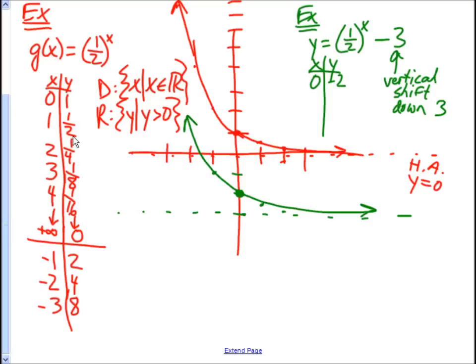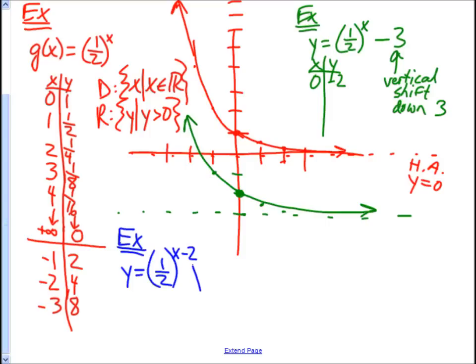Let me erase some of my original. Okay, so that would be a composition. If we're going to shift this thing to the right 2, that means up there in the exponent we're going to have an x minus 2.